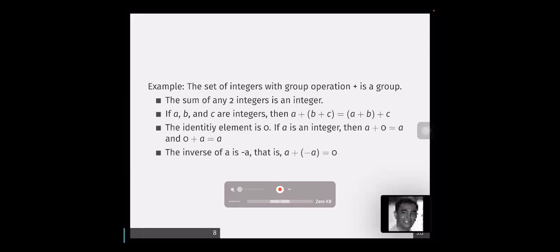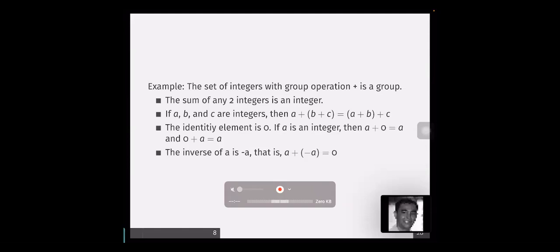So I'll give you an example, guys, now. So the set of integers with group operation plus is a group. Okay? Because any two integers you add will give you an integer. Okay? And then we know that the integers follow the associative property.